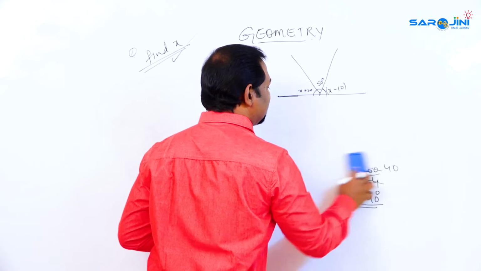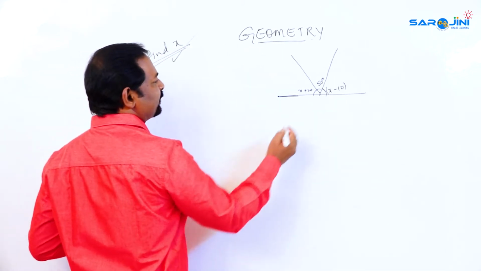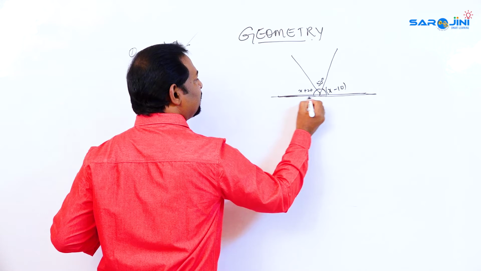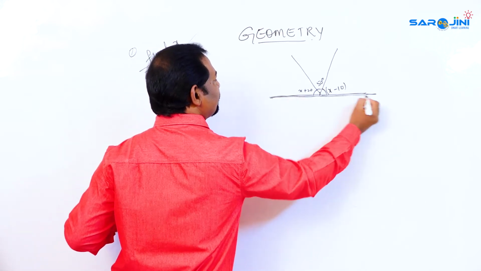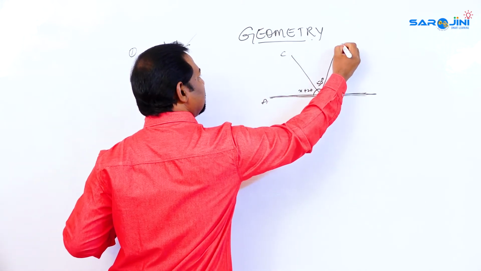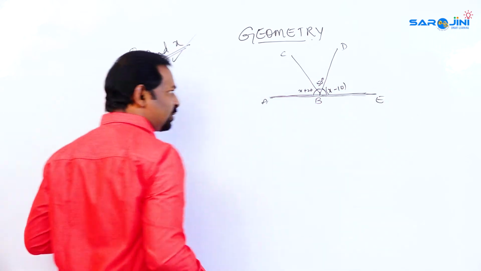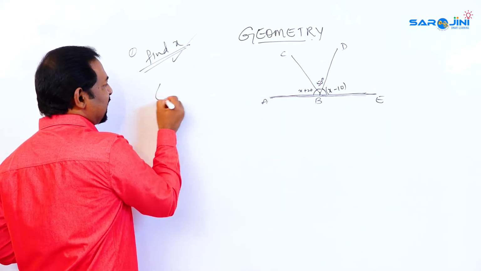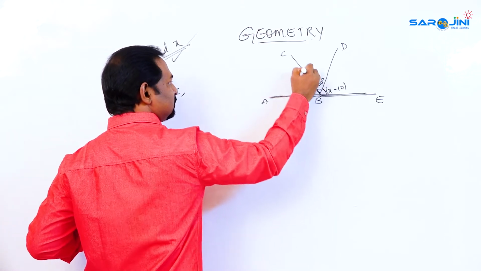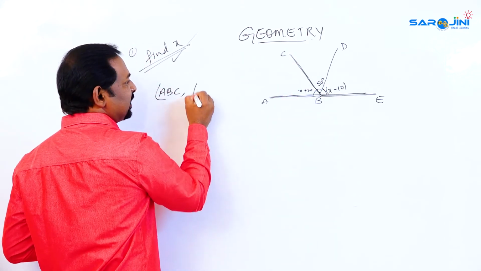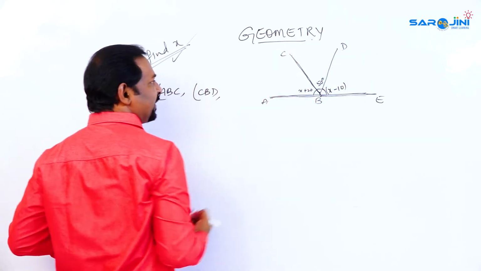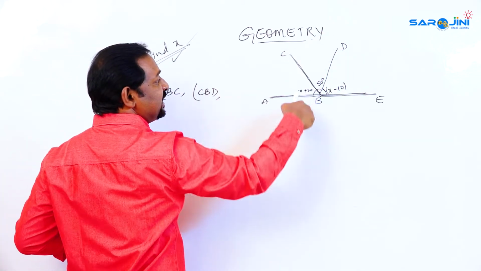Second example. Here again a straight line is given, right? Say the names A, B, C, D or E also we can put. Now there are three angles. Angle ABC is one angle, next angle CBD is the second angle, and the third angle is DBE.